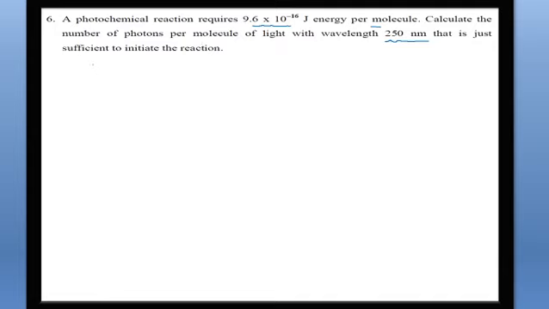So the data that we have got is lambda is 250 nanometers. And the energy has been given, E is these many joules.